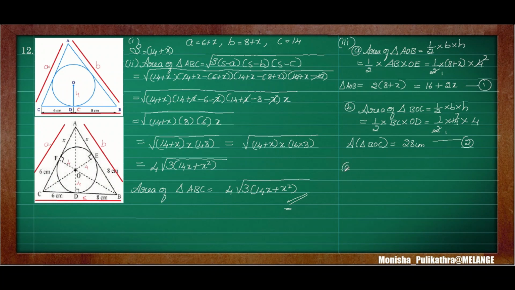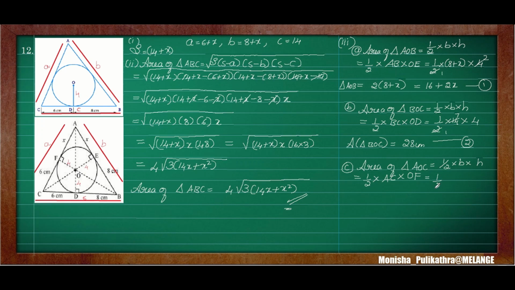So next, third one is area of triangle AOC. Area of triangle AOC is equal to half into base into height. Okay, so here base is AC and height is OF.